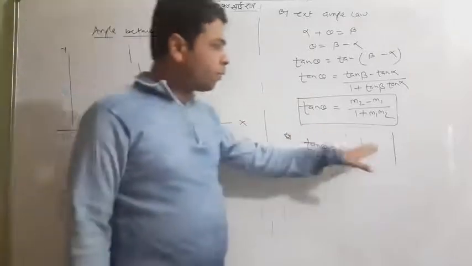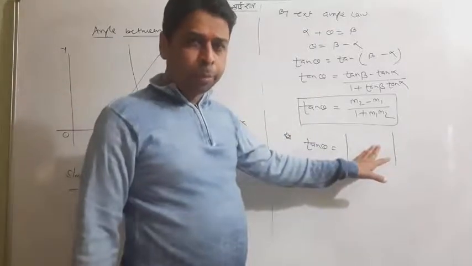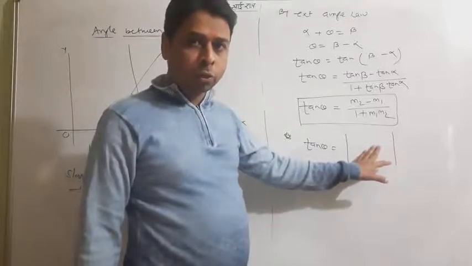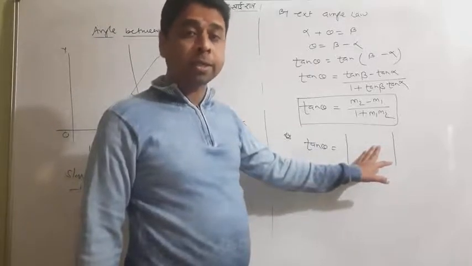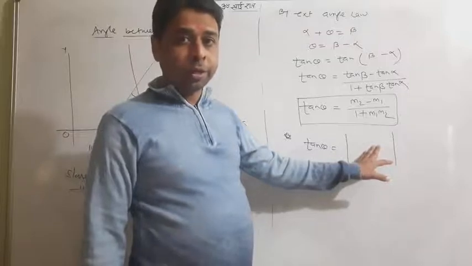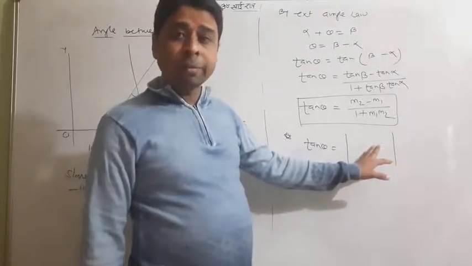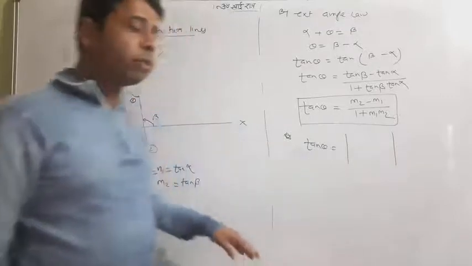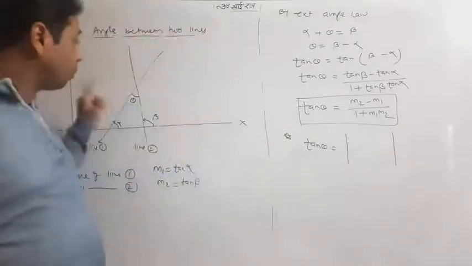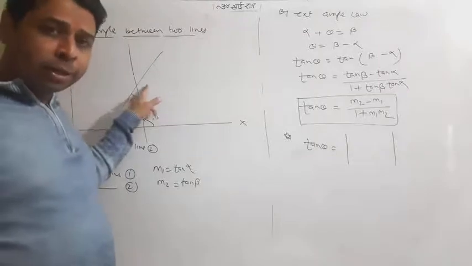Just for our little convenience, I use a mod so that I always get my answer in a positive way. If I get the answer in positive sign, theta acute will be found, and when theta acute is found, the second angle can be found easily.